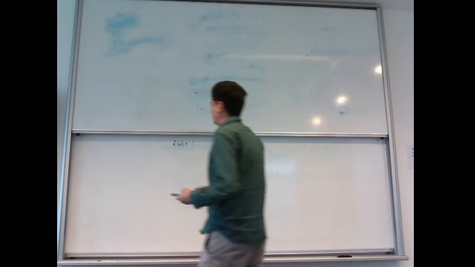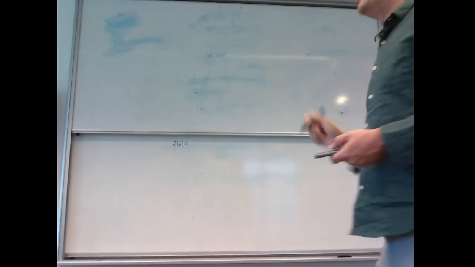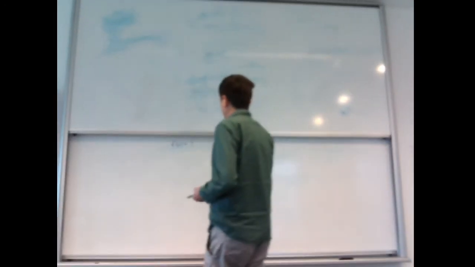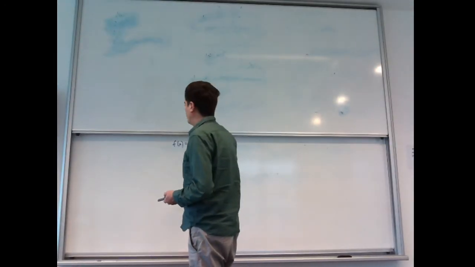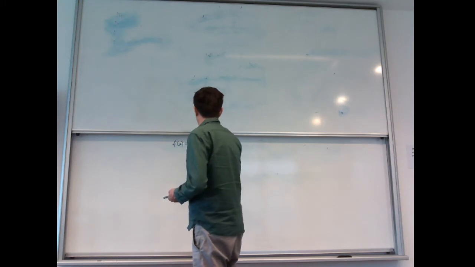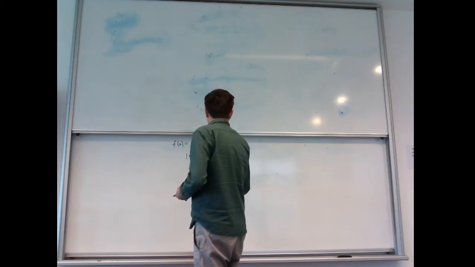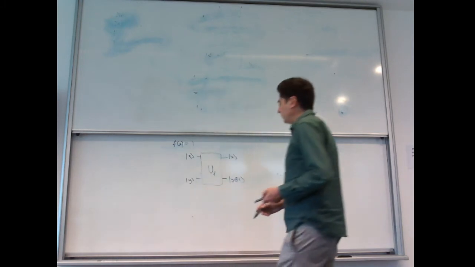For simplicity, let's choose the particular function that we're going to do the oracle for. So in this particular case, this oracle circuit is going to be y plus 1.